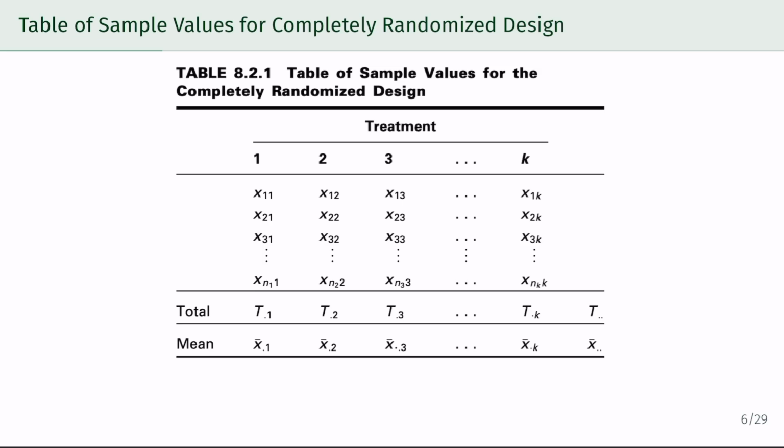For example, let's say we have 4 antihypertensive drugs, and we have 16 samples.